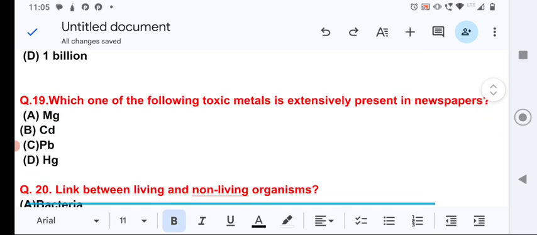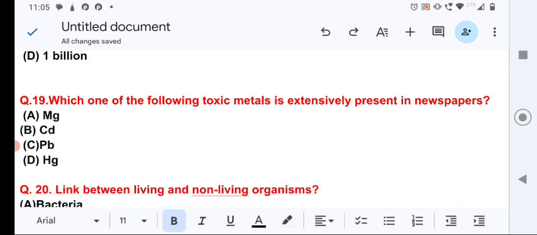Now, question number 19. Which one of the following toxic metals is extensively present in the newspapers? This is the Pb. It is present as toxic metal in the newspapers, whereas Mg is present in the chlorophyll, as we know, and iron is a metal which is present in the hemoglobin or in blood, as I have discussed.